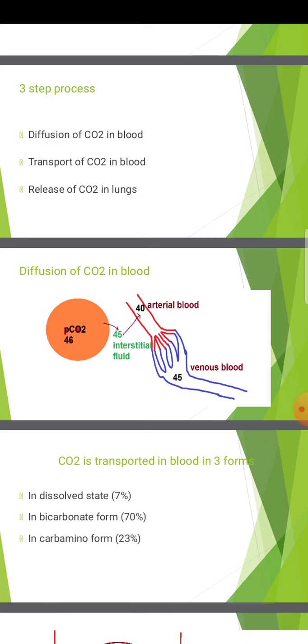So 46 minus 45, the tension gradient is 1 millimeter mercury between the intracellular CO2 and interstitial fluid. But this 1 millimeter mercury gradient is sufficient for carbon dioxide to diffuse into the interstitial fluid, and from the interstitial fluid it runs into the arterial capillary blood, because the PCO2 there is only 40 millimeter mercury.